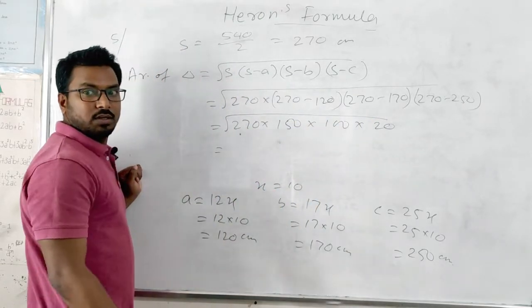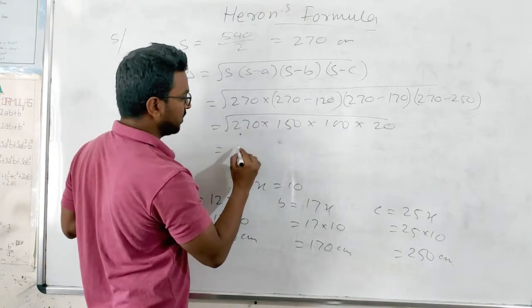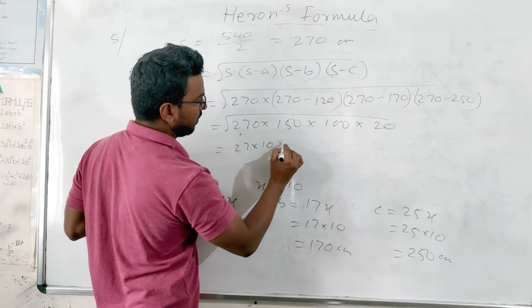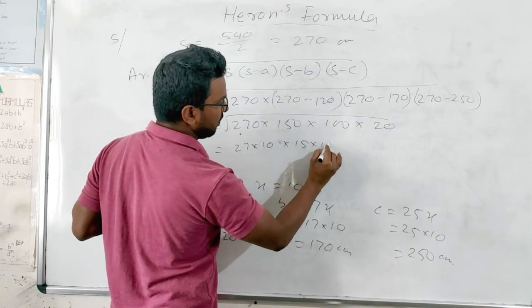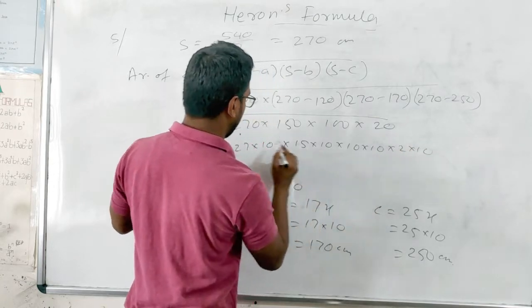This can be written as what? All are multiples of 10. So we'll change into that. 27 into 10, 15 into 10, 10 into 10, 2 into 10.